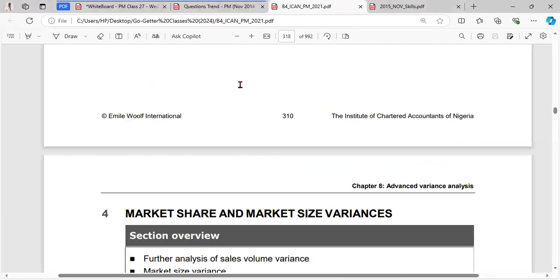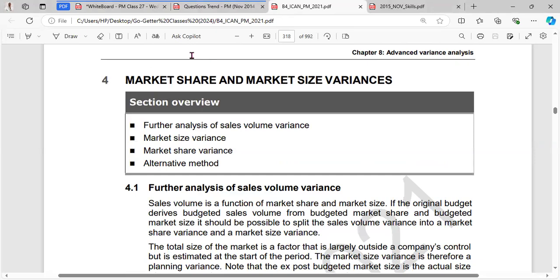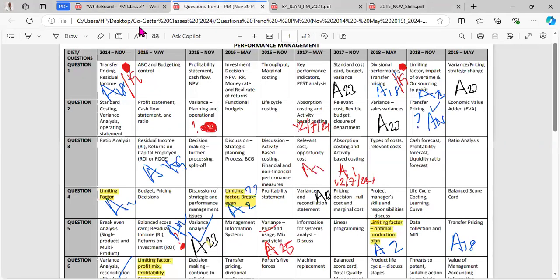Before we go into this, we have a question here, November 2015, question number 2. So let's go down there.